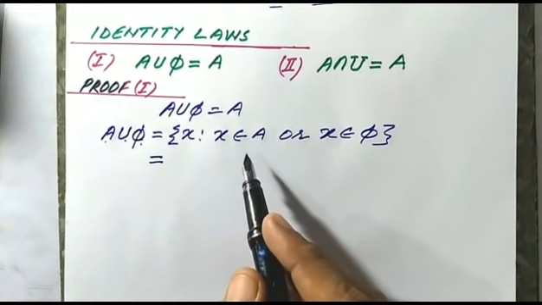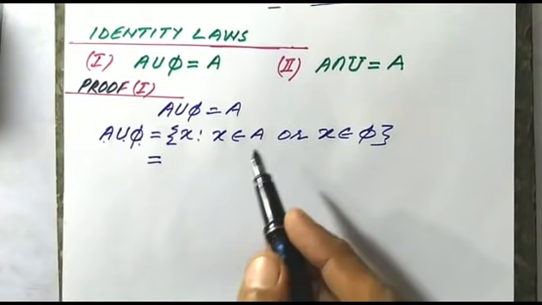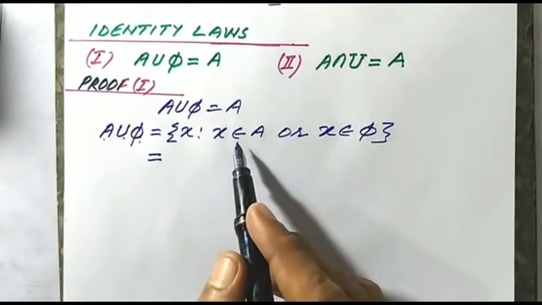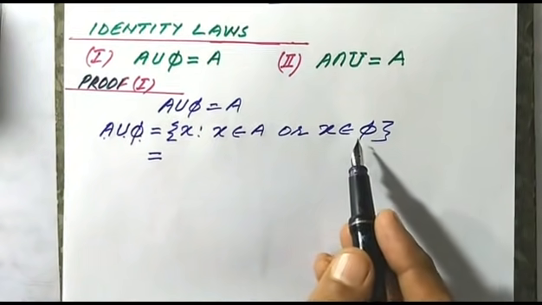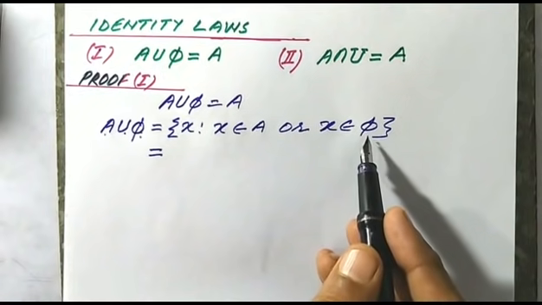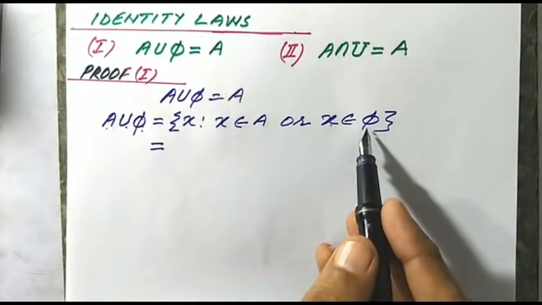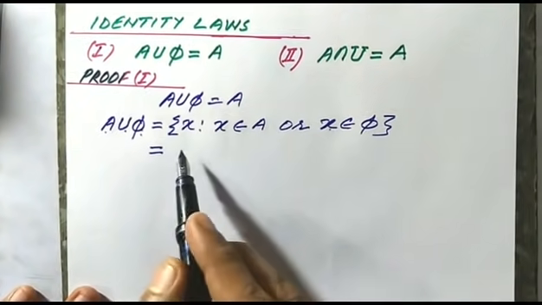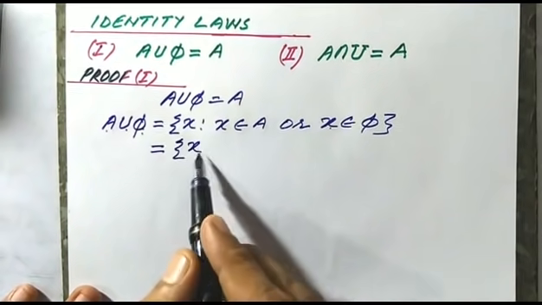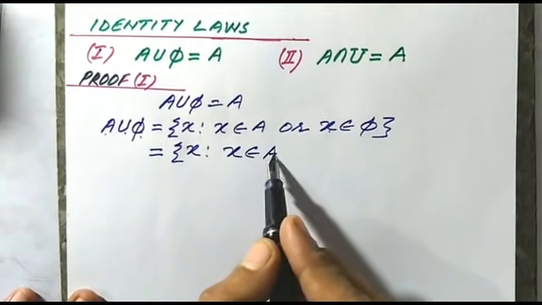And if we observe this statement attentively, what we may infer from this, X belongs to A or X belongs to phi, and as you know, phi is a null set which has no element. So X may not belong to phi. So this statement is equivalent to the set of X such that X belongs to A.